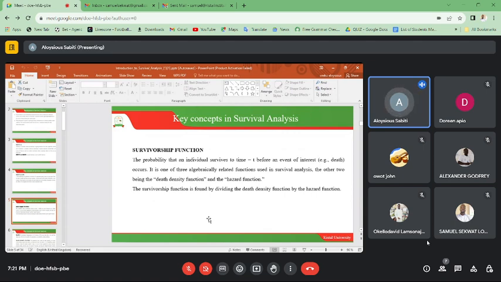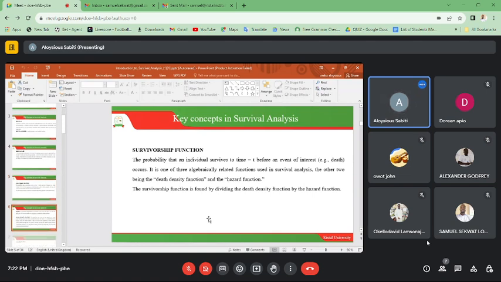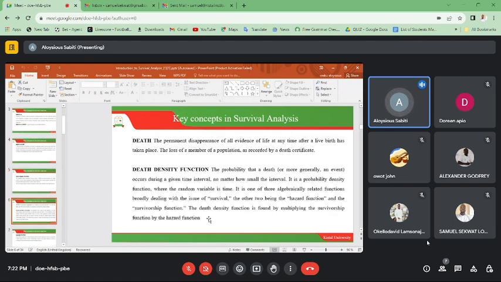In other words, we are looking at the possibility that someone survives to time X before death. We shall continuously look at this as we continue.